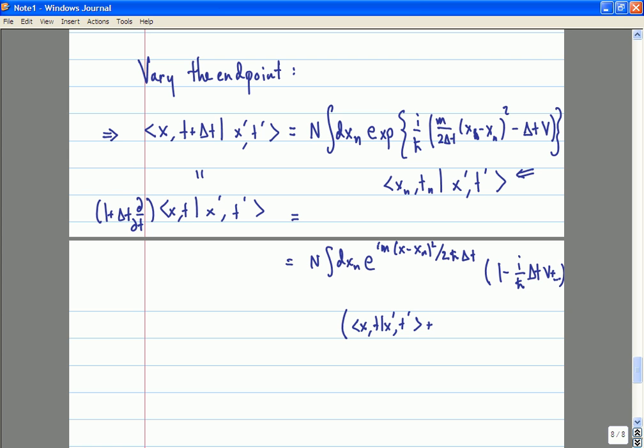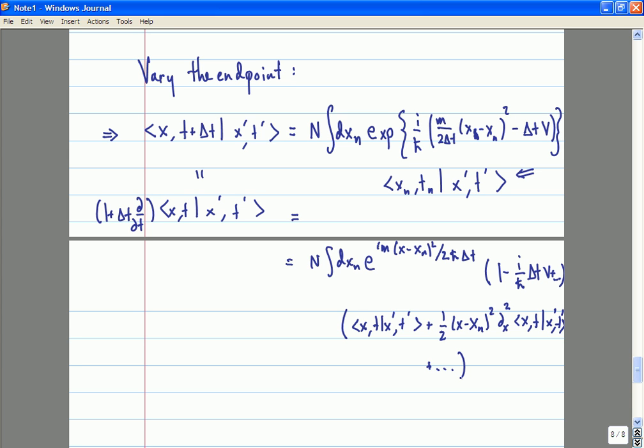But then I would have the integral of an odd function of x minus x_n from minus infinity to infinity, and that's going to vanish. So the first non-zero term of this Taylor expansion will be one half (x minus x_n) squared times the second derivative d squared dx squared of this propagator, plus dot, dot, dot.